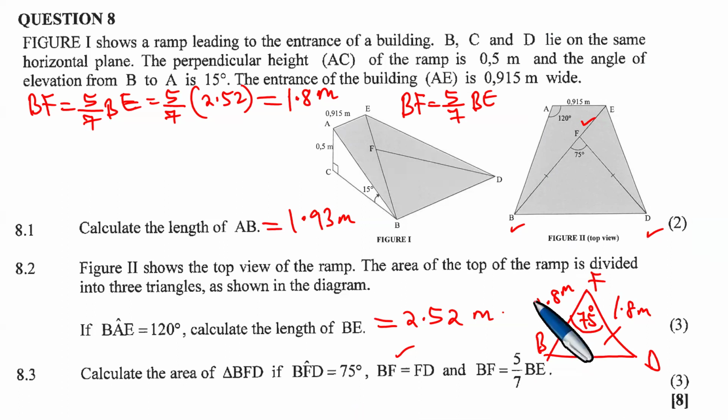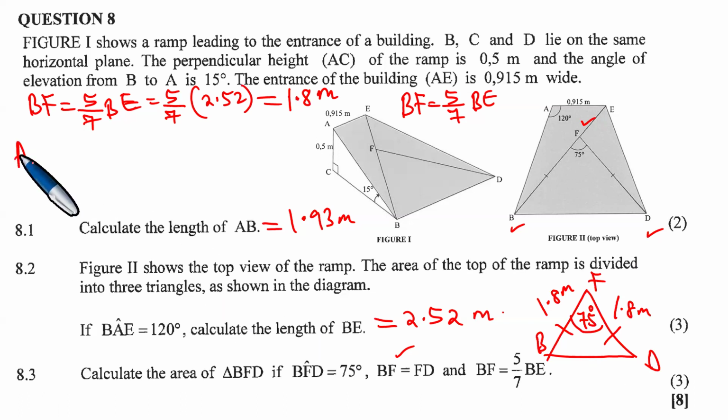Right, so we have that this one is 1.8 meters, but that one is also 1.8 meters. So we need the area of BFD. Right, so you can find the area now. It's easy.